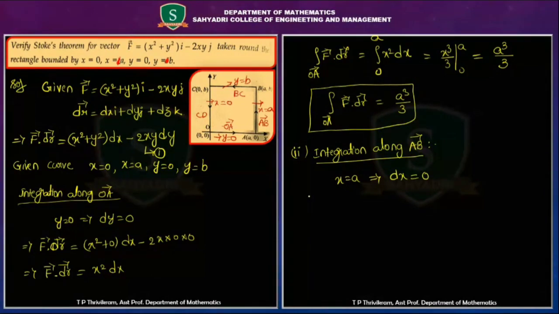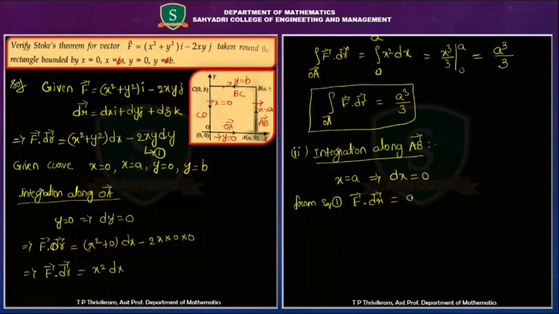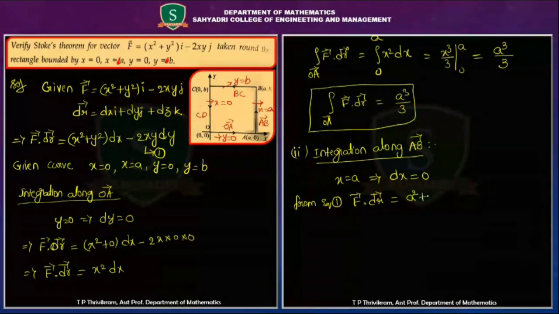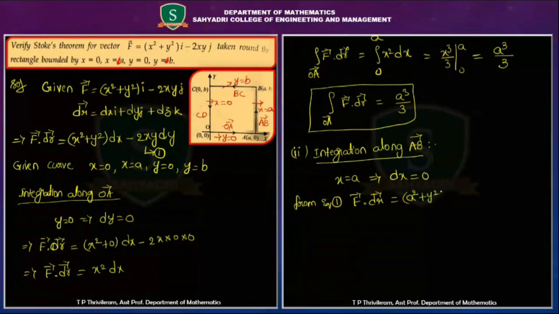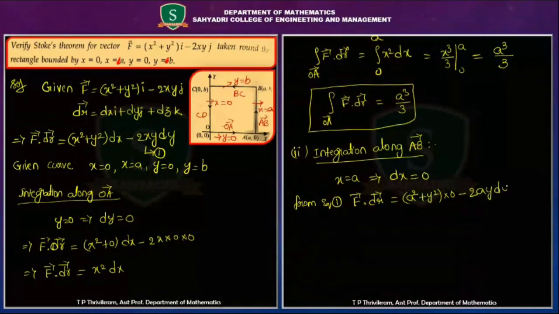So from equation 1 you can write f dot dr is equal to how much? The x value is a, so write (a square plus y square) into dx, which is 0, minus 2 into a into y dy.